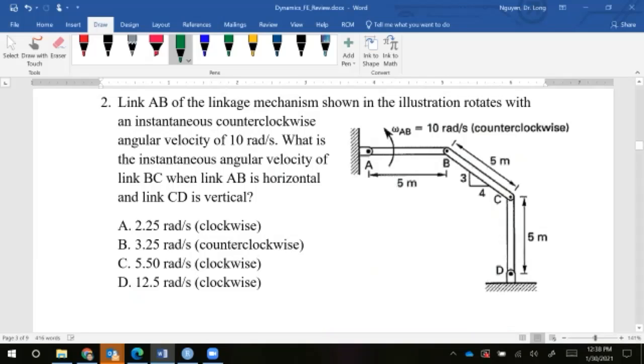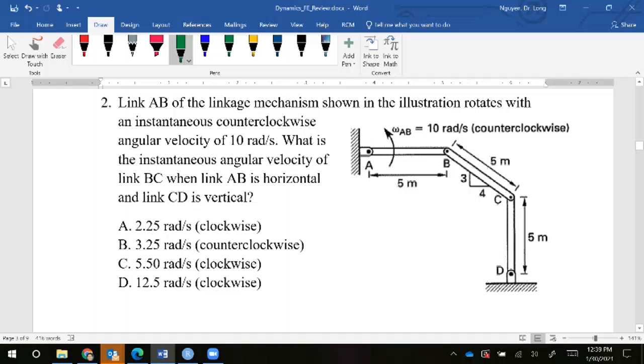They have the linkage mechanism shown, and at that instant link AB has an instantaneous counterclockwise angular velocity of 10 radian per second, as shown in the figure. What is the instantaneous angular velocity of link BC when link AB is horizontal as shown, and link CD is vertical?